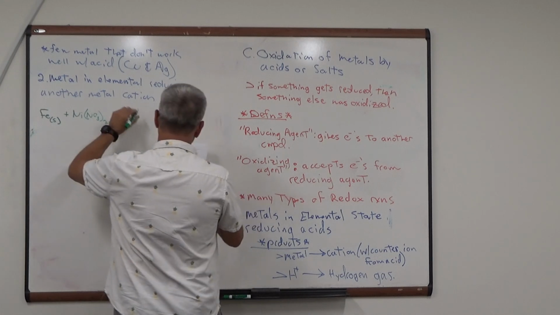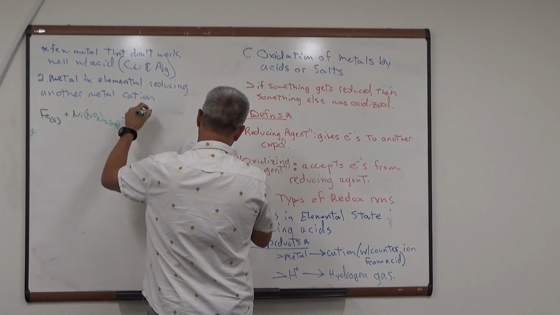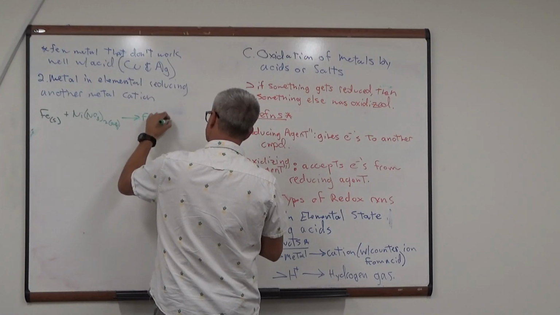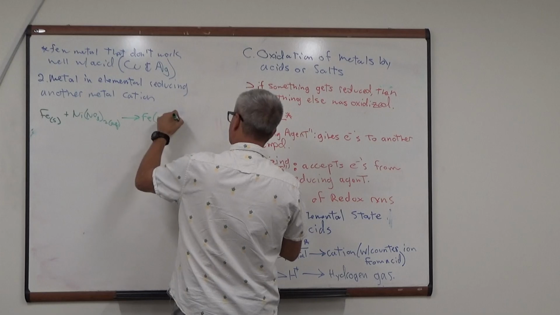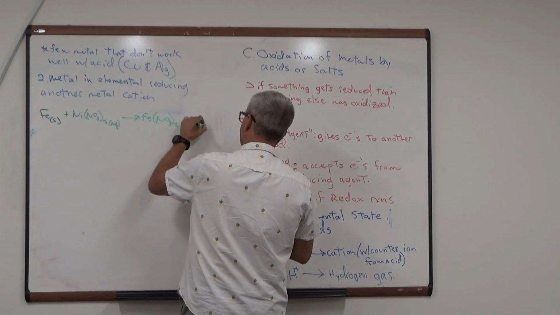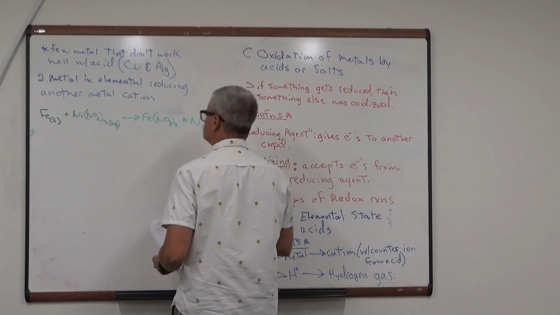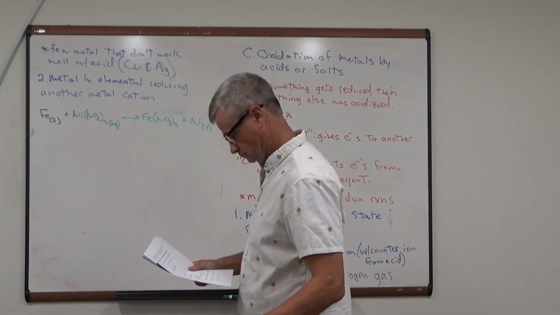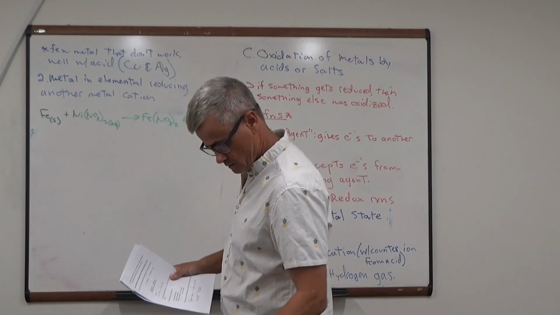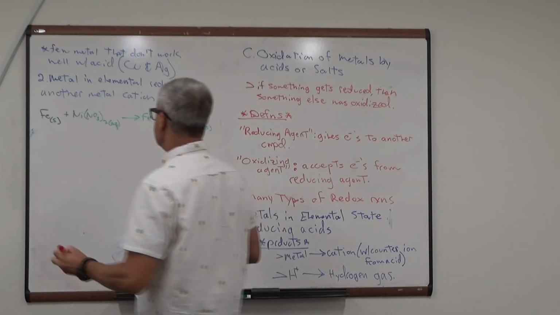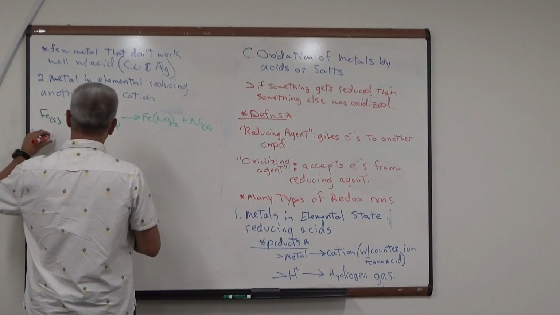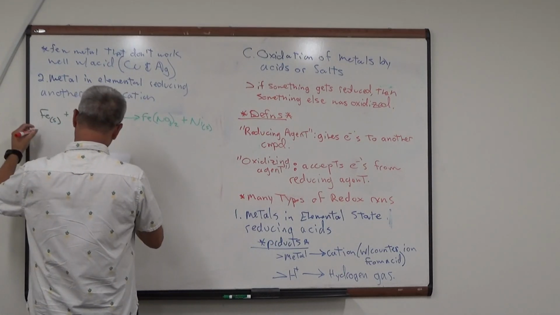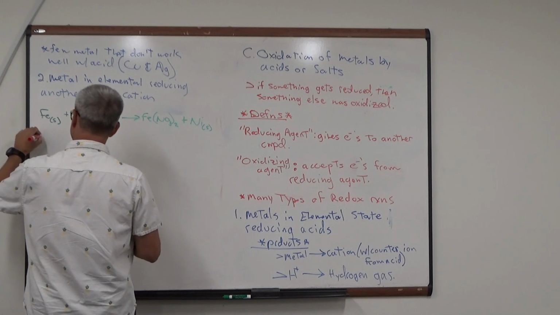That's turning into iron nitrate plus nickel metal. And we can look at the net ionic. The nitrates are not changing, so those are spectators.